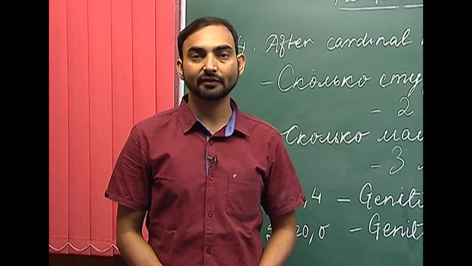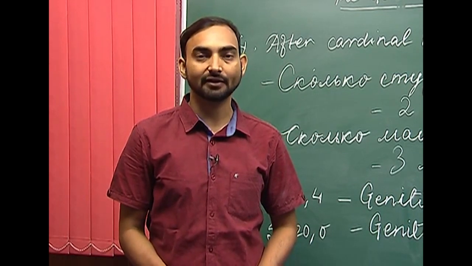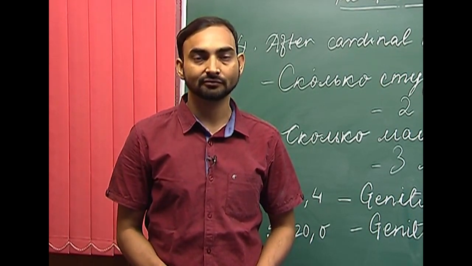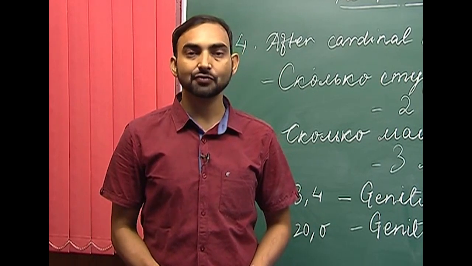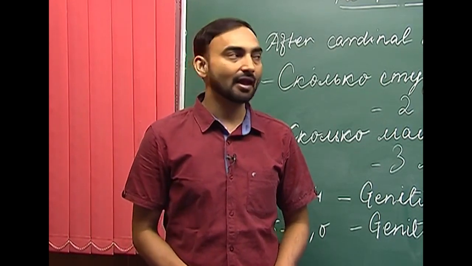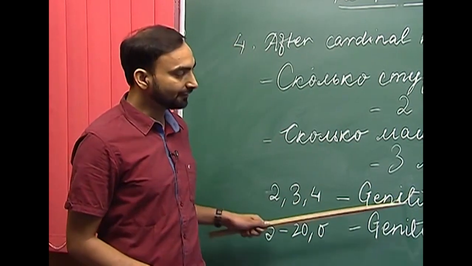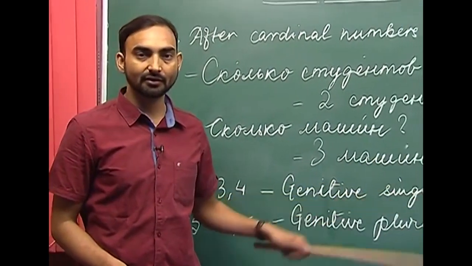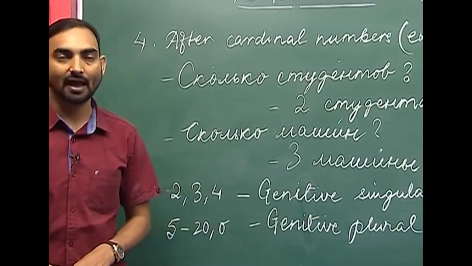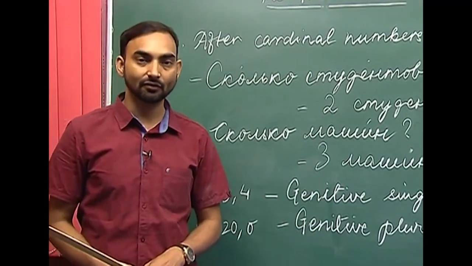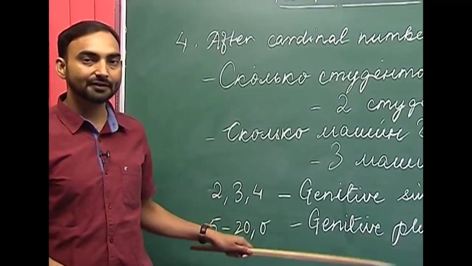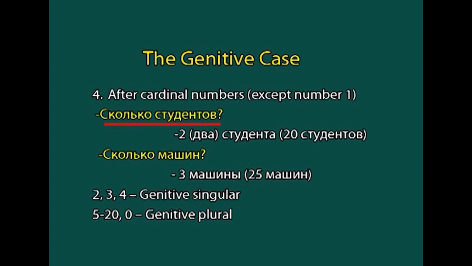The genitive case of nouns is also used after the cardinal numbers except 1. With 1 we use the nominative singular, with 2, 3, 4 we use genitive singular, and with 5 onwards and if a cardinal number ends with 0 we use genitive plural. For example, "Skolko studentov", how many students?